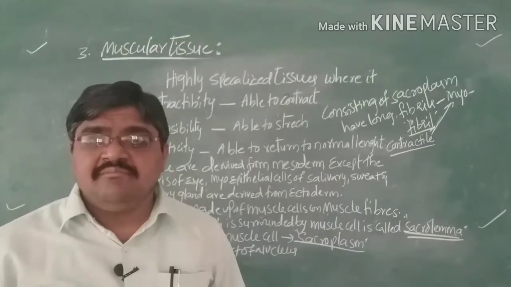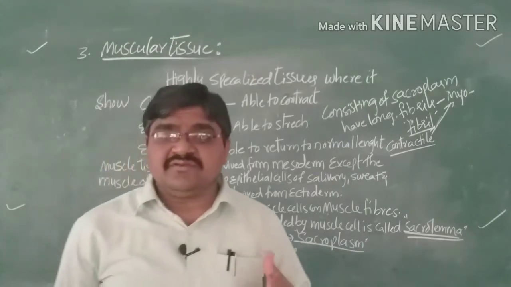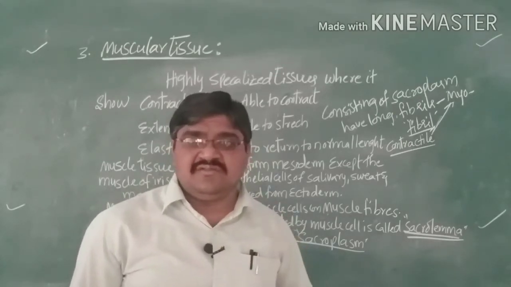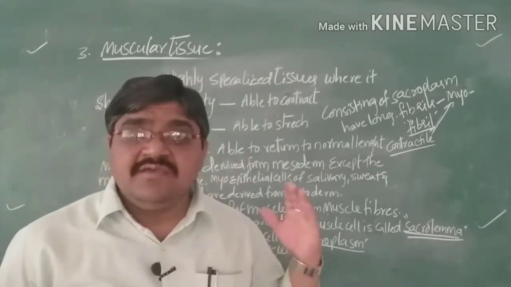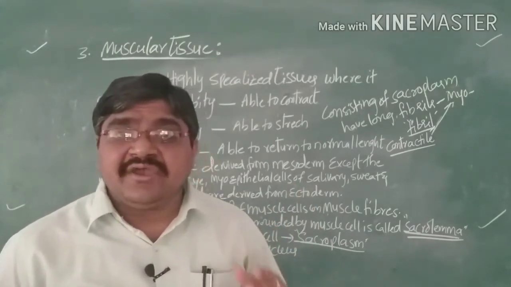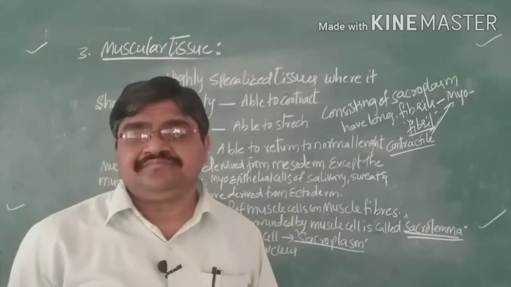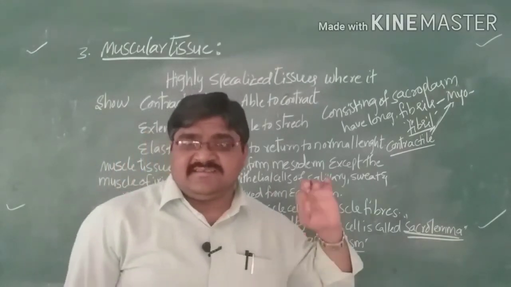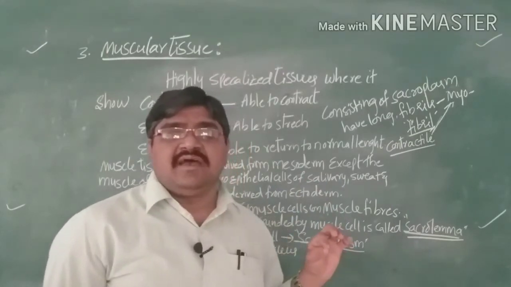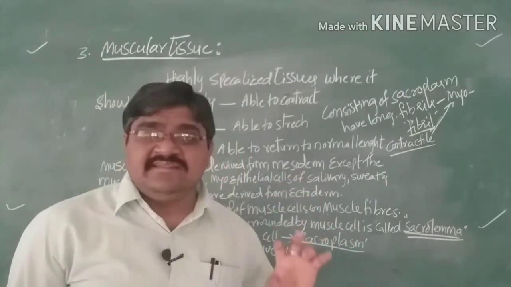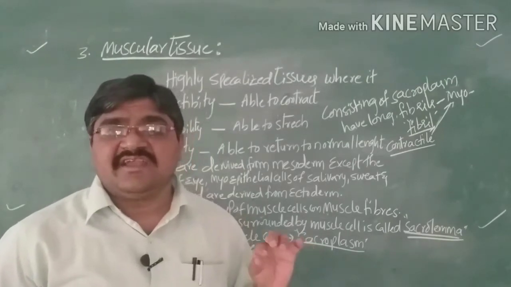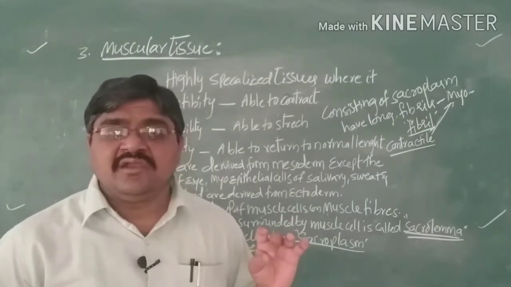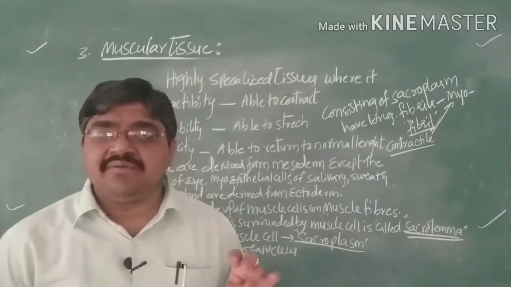These are classified based on the presence of the nucleus, the location, and the nervous nature. Based on their nervous nature, the muscle fibers are classified into three types. First, striped muscles, or voluntary muscles, or striated muscles. The second is involuntary muscles, or smooth muscles or unstriped muscles.